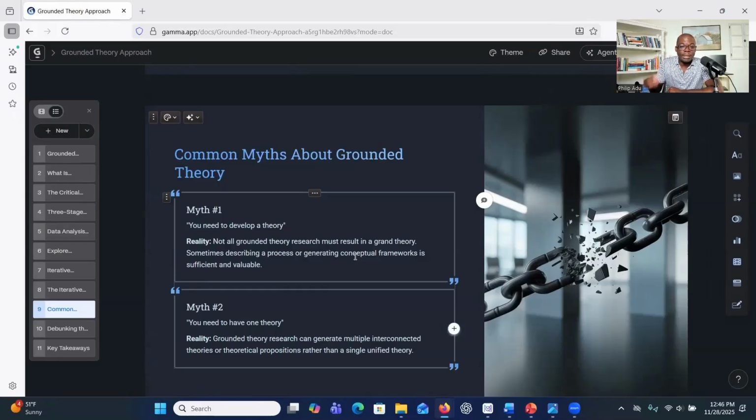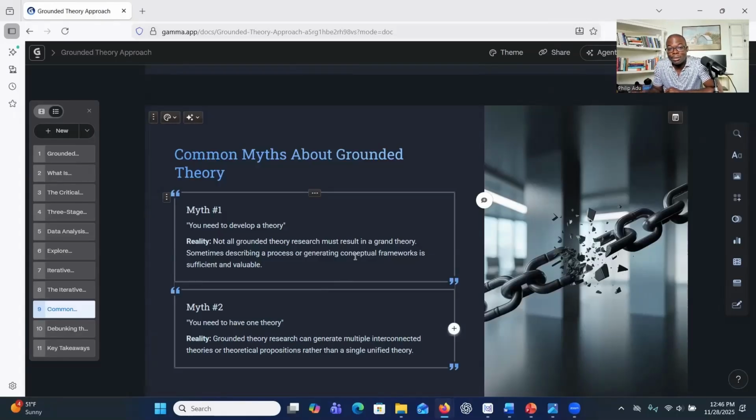So you can conclude that I have a proposed or suggested model or a suggested theory that future researchers can work on and confirm the theory. So the conclusion here is that you don't have to develop a theory if you don't have enough data to develop the theory, right?